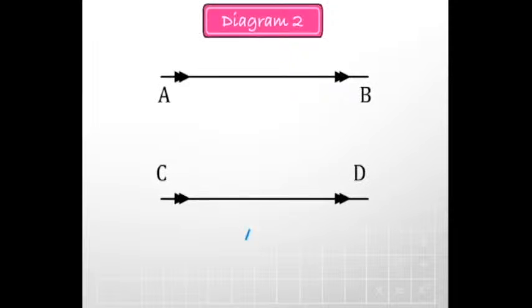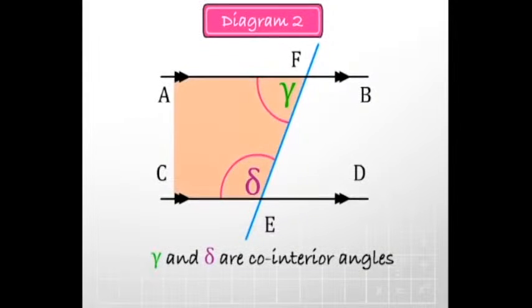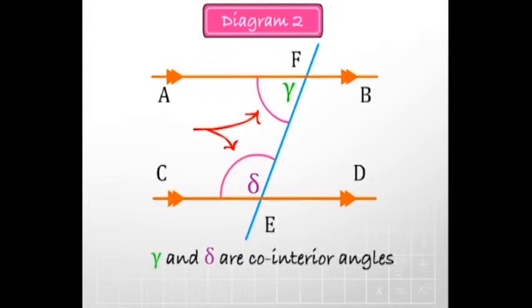If we look at diagram 2, the angles gamma and delta are also co-interior angles. Firstly, you should notice that both of these angles are on one side of the transversal, and that is the left side. These angles are bound, if you like, in between the two parallel lines, and these parallel lines are AB and CD.